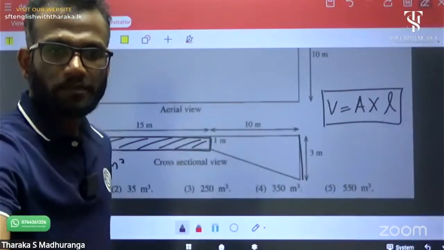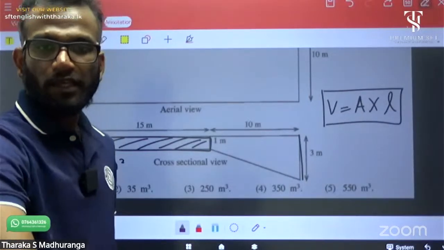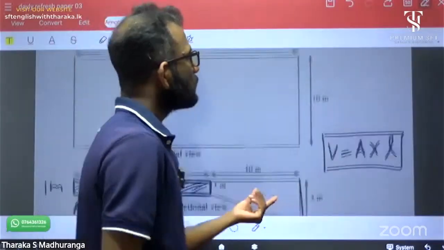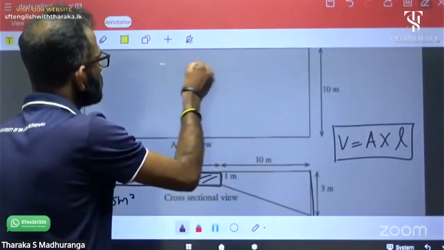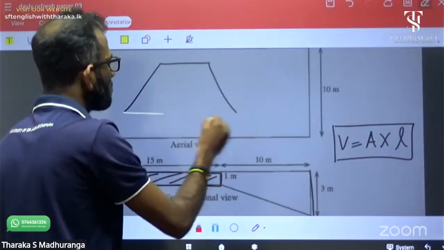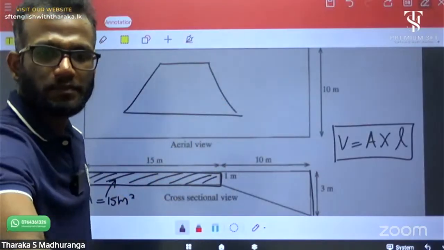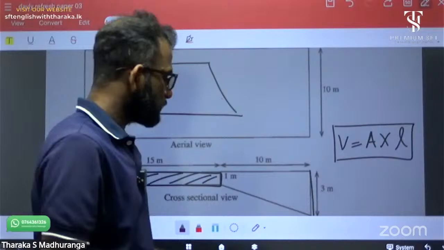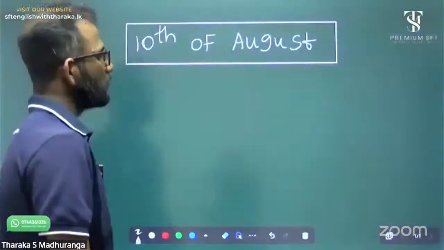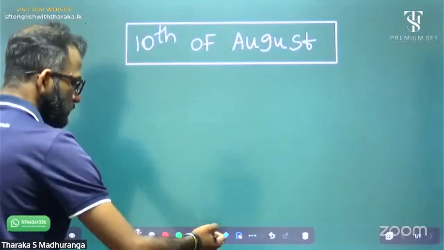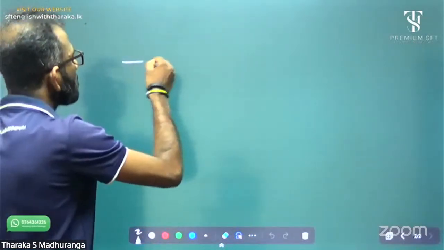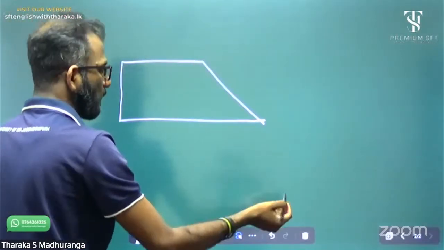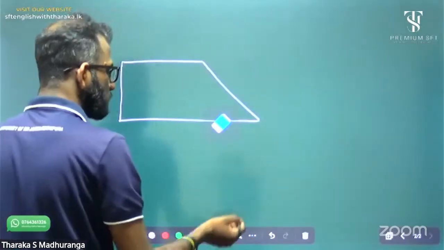Do you know this shape? You already know this shape. What is this? It's a trapezium.